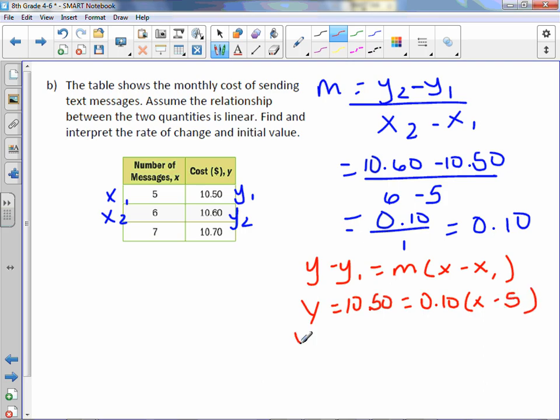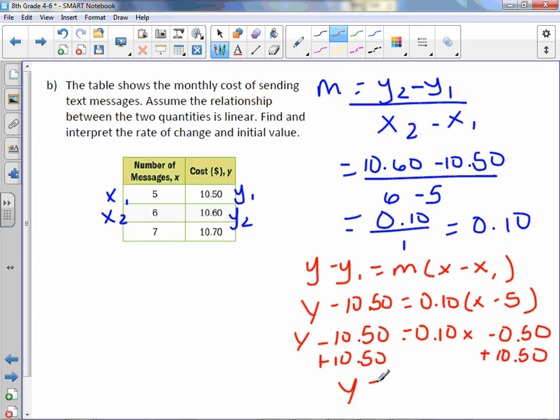Distribute. y minus 10.50 equals 0.10x minus 0.50. Add 10.50. We get y equals 0.10x plus 10. So our b, or y-intercept, is 10.